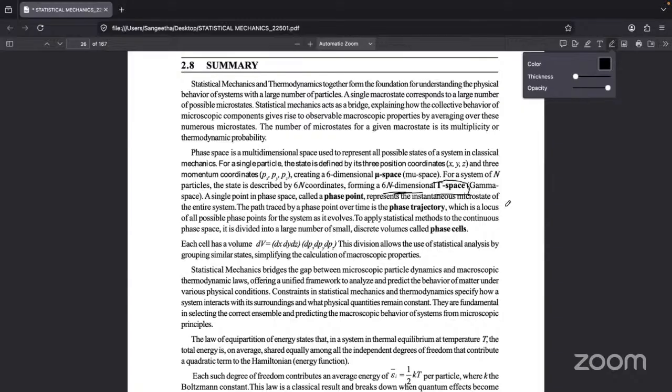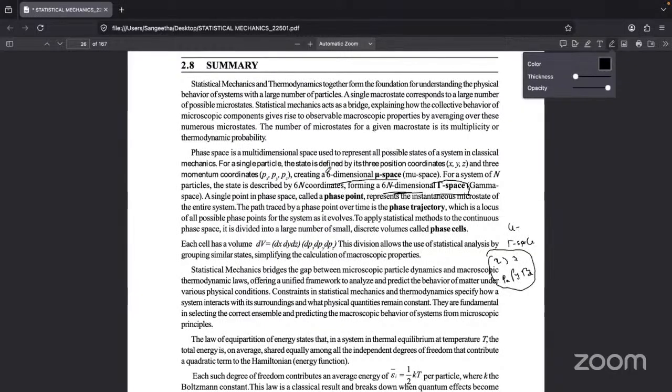So what is mu space? What is gamma space? Mu space means position xyz, px, py, pz taken as individual separate terms. The 6-dimensional space is mu space.